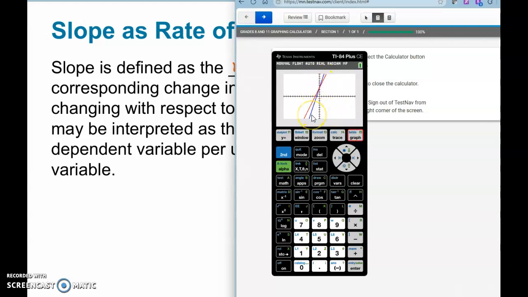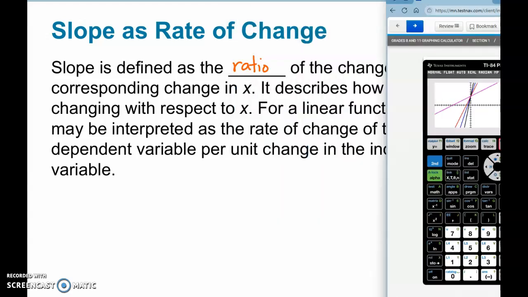The first line that had the slope of 3 was in blue, and the second line that had a slope of 2 was in red. So we can agree that the blue line is more steep. If I had a number larger than 3, let's try 5, that line would be steeper yet. And if I have a number that is a lot smaller, let's say 0.5, that one would be the least steep of all of them, almost horizontal. So let's draw a conclusion from that.